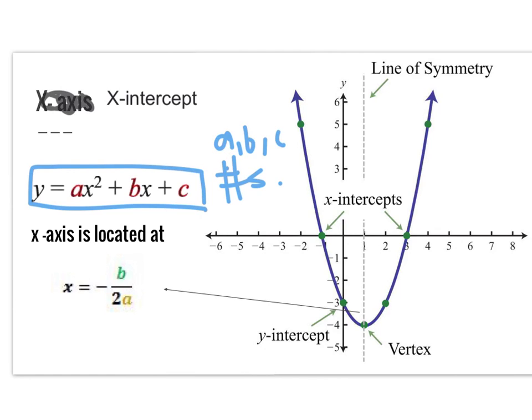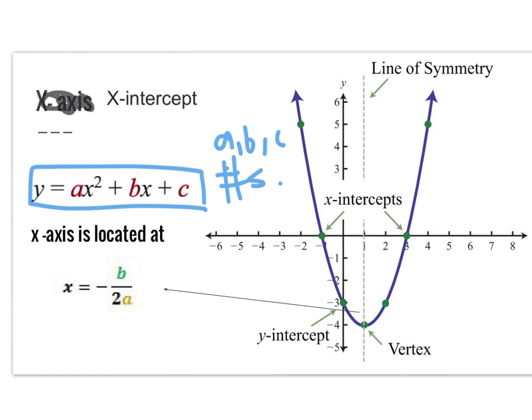Because it's U-shaped, it could be cut in half right here, and we call that the line of symmetry. Why? Because when it's cut in half, this side and this side have the same area, just like when you cut a square in half, because they're symmetrical. When you cut it in half, these areas are the same because they're symmetric.